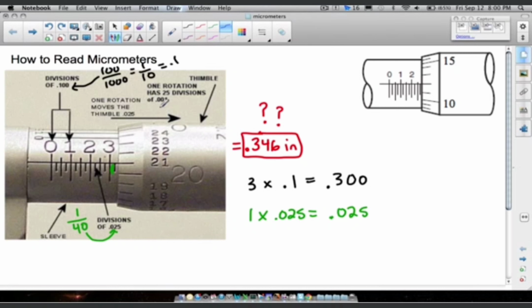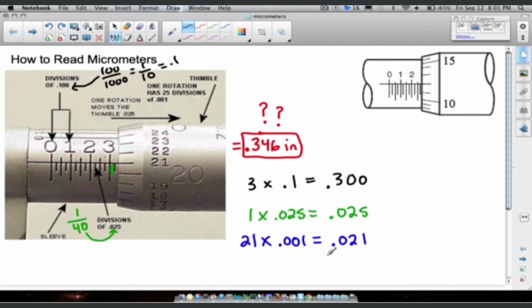So we have 25 divisions, and this is measuring in terms of a thousandth of an inch. Notice, one rotation has 25 divisions of 1,000th. Now, what number do we see? This black line here lines up with this long black line. That's a 21. So we take 21 times 0.001, since this is measuring to the thousandth. And if you take 21 times 0.001, you end up with 0.021.